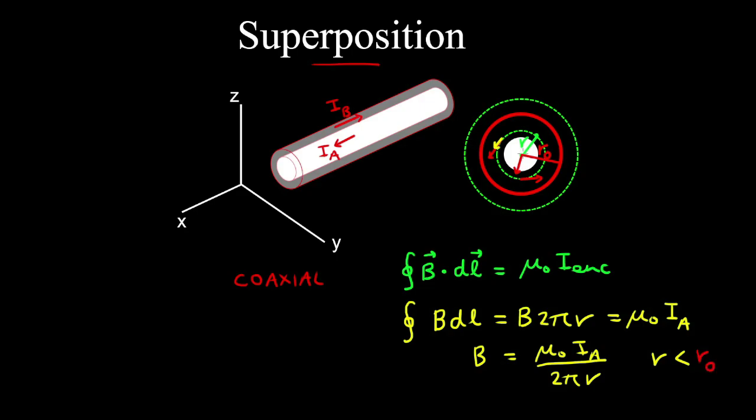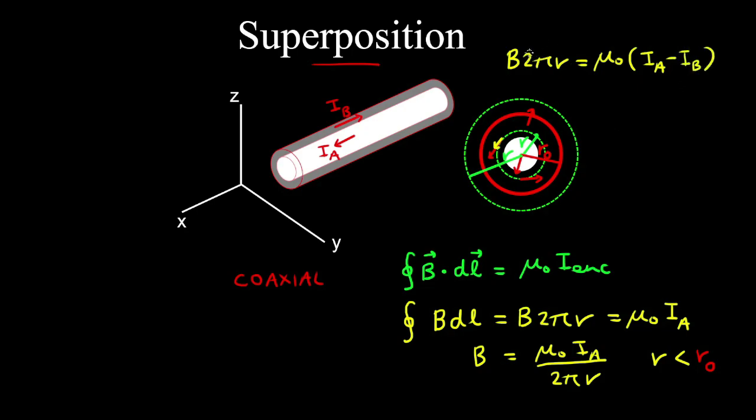Now if we want the magnetic field at some distance r that's outside the outer shell, well, as we said, the outer shell carries a current that's going into the screen, being IB. So applying Ampere's law, by constructing a circular loop outside the outer shell, we have B by 2 pi r is equal to the magnetic permeability by IA minus IB.